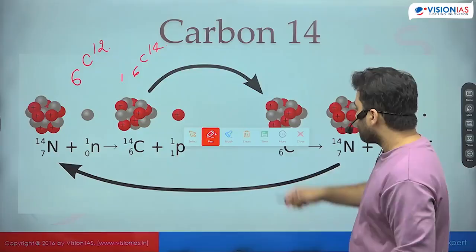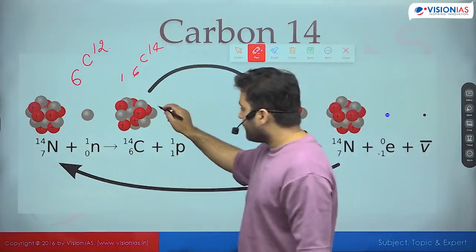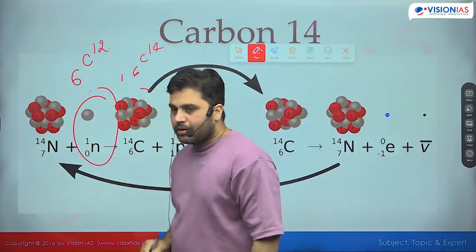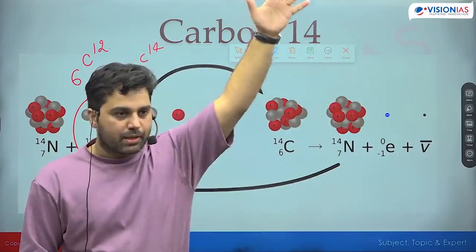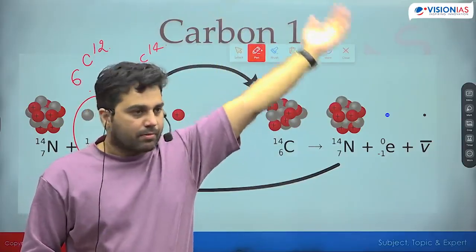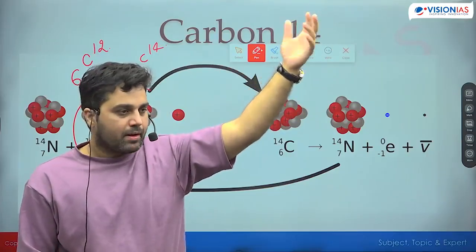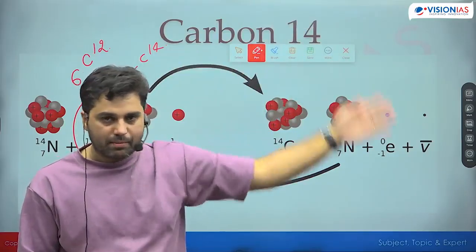Now this is interesting. So where does carbon-14 come from? Carbon-14 comes from cosmic bombardment of neutrons that Earth is receiving as a planet. The outer atmosphere of the Earth is receiving neutrons from many sources. From the sun also, but also from distant stars and galaxies. And that is constant bombardment of neutrons into the upper atmosphere.